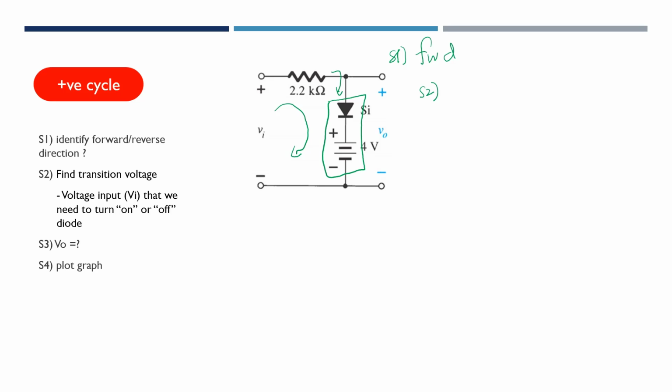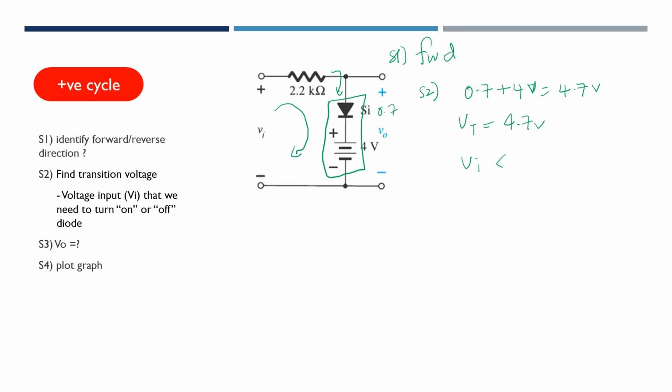Here we have silicon 0.7 and we have 4 volt, so 0.7 plus 4 volt becomes 4.7 volt. So our transition voltage is equal to 4.7 volt.